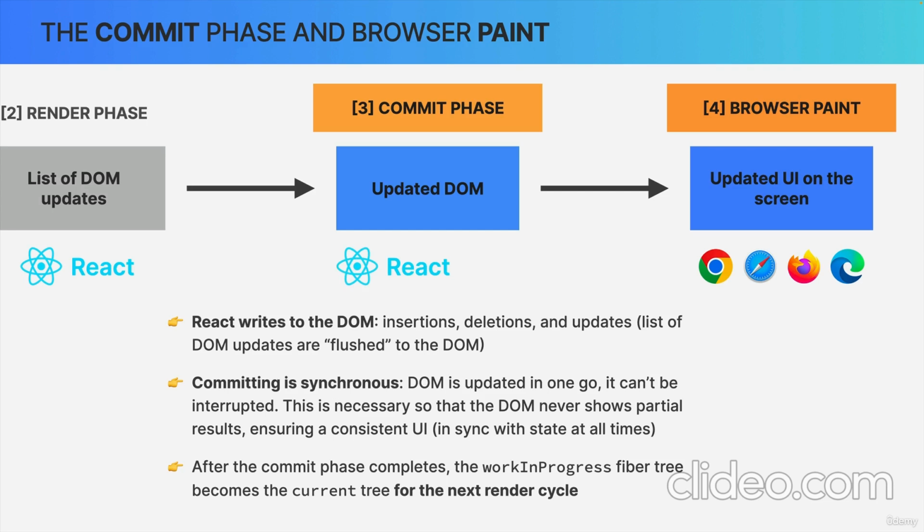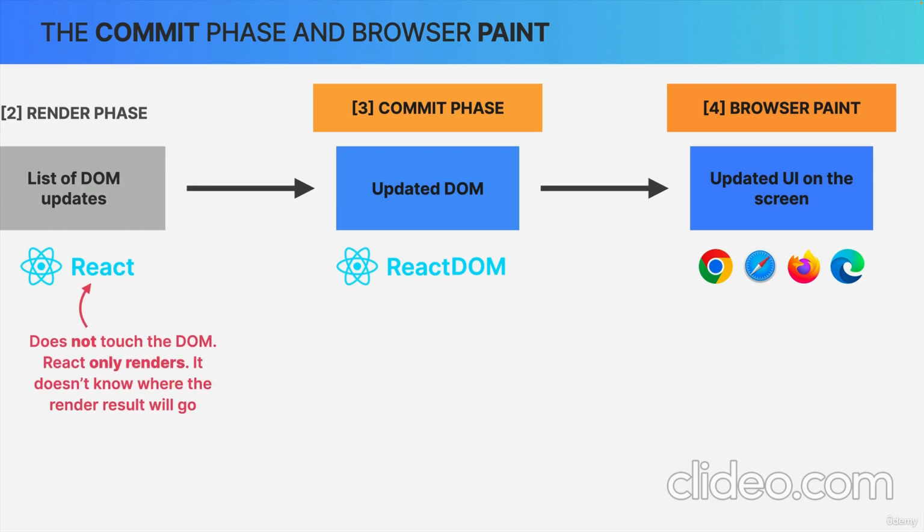It's actually a separate library that writes to the DOM, and it's called React DOM. So, not very creative, but that's just what it's called. So, in fact, React itself never touches the DOM, and it actually has no idea where the result of the render phase will be committed and painted. So React only does the render phase, but not the commit phase.